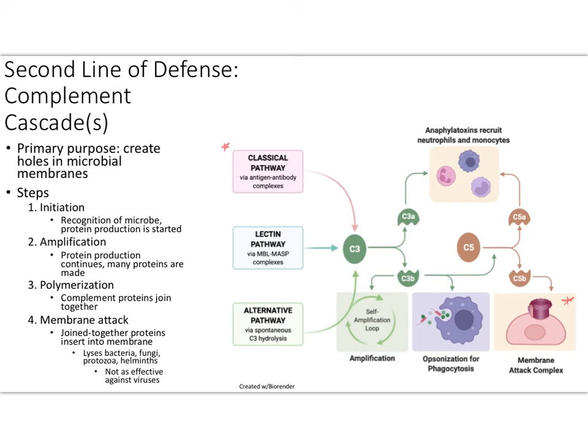The membrane attack complex inserts itself into the membrane, and it causes a big hole to form inside that microbe. Then, as we've talked about before in multiple different situations, everything that is inside the microbe goes out, anything that is outside of the microbe goes in, and the microbe gets destroyed.